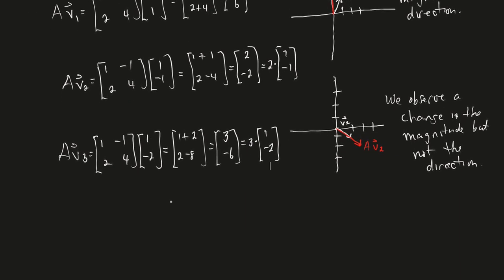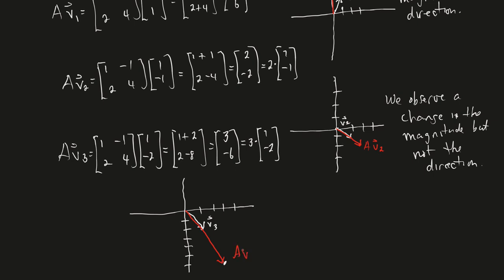If I sketch this one, right, so 1, 2, 3, 4, 1, 2, 3, 4, 5, 6. So if I sketch my original vector 1, negative 2, it's roughly here. So that is V3. Then if I sketch the vector 3, negative 6, that is roughly down here. I'll sketch that in a different color. And what we have is this.